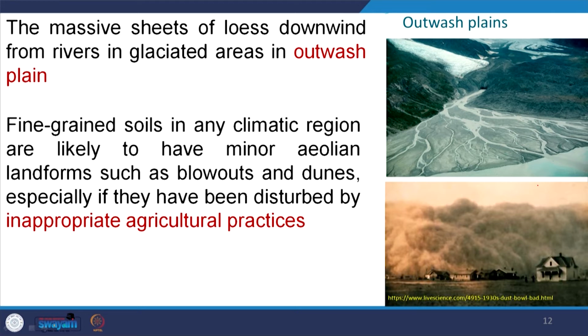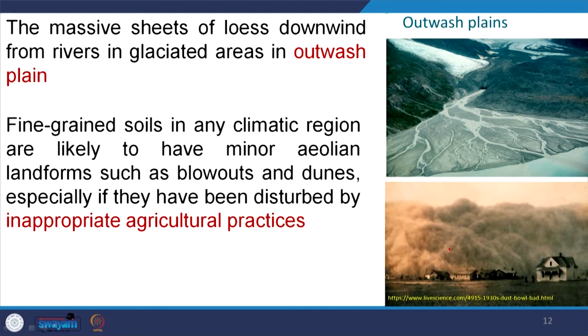In 1930, there was a problem in the US called the Dust Bowl. The Dust Bowl was due to inappropriate farming techniques. That means we exposed a large part of the earth's surface to the work of wind, so huge dust can be taken off by the wind, and it is called the Dust Bowl.